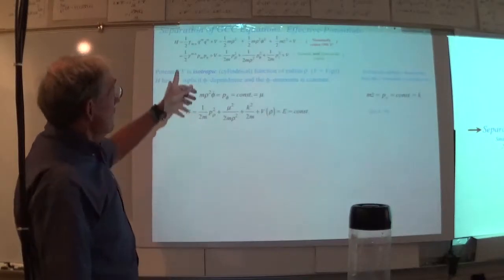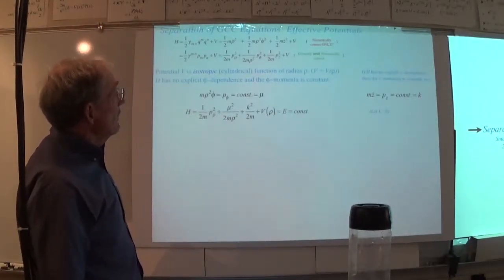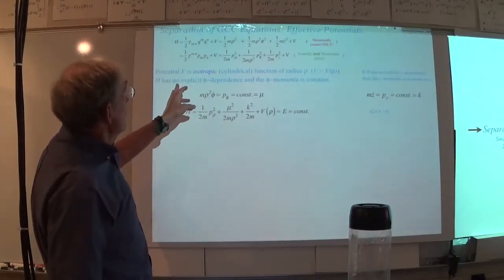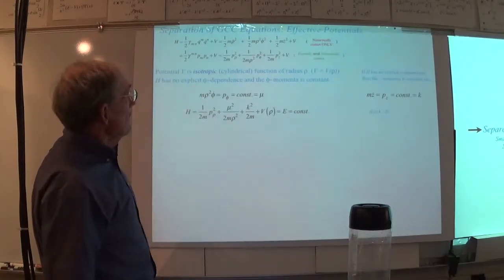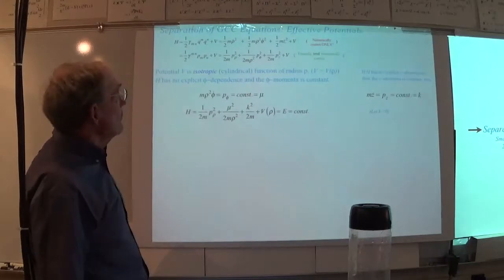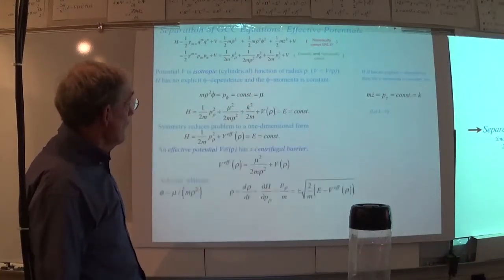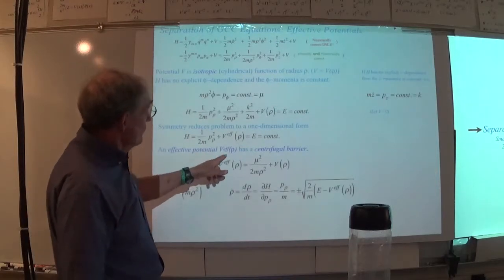Basically it's a sphere, spherical coordinates. Let's see, this right here is cylindrical, so that is one that I go through very quickly because we've already gone through this. This is where you get an effective potential.